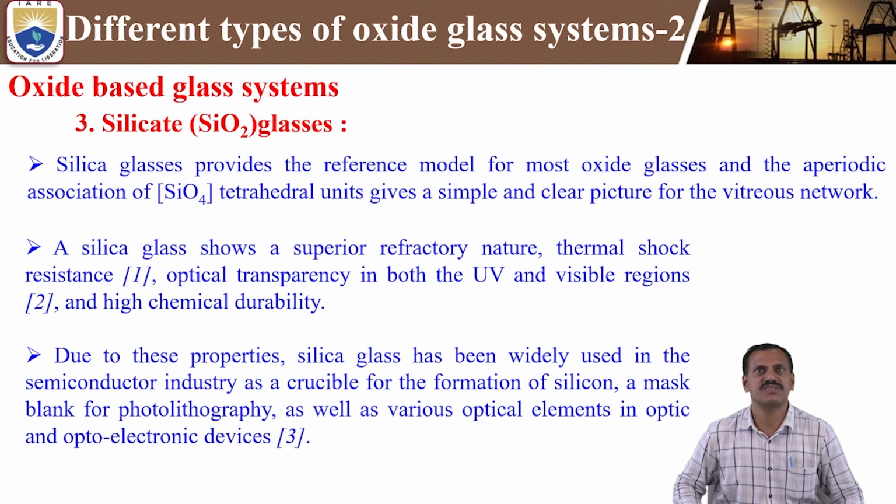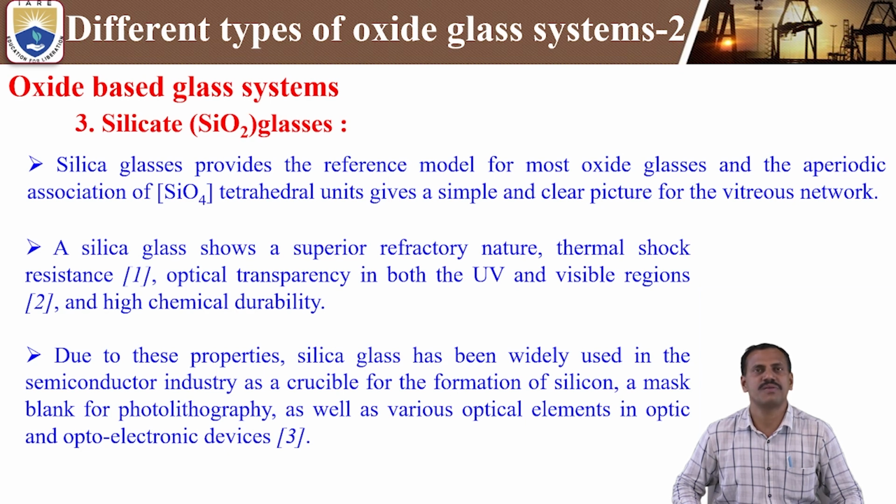Silica glass shows a superior refractory nature, thermal shock resistance, optical transparency in both the UV region and visible region, and high chemical durability. These are the important parameters for silicate based glass systems. Due to these properties, silica glass has been widely used in the semiconductor industry as a crucible for the formation of silicon.